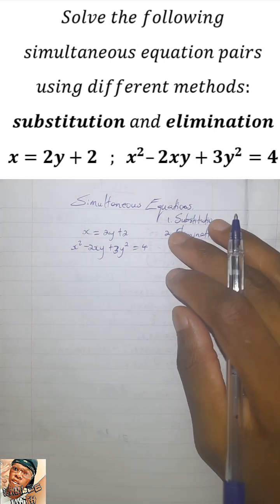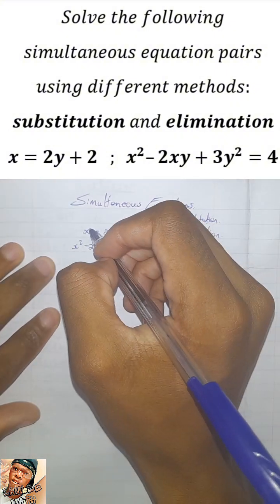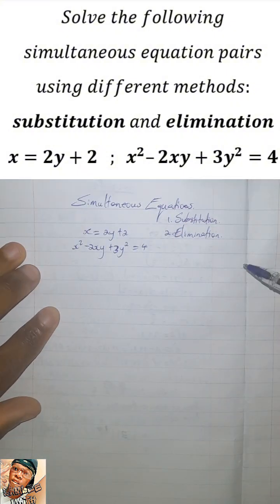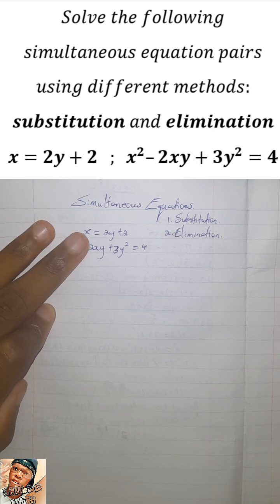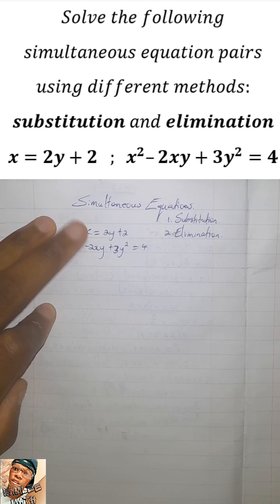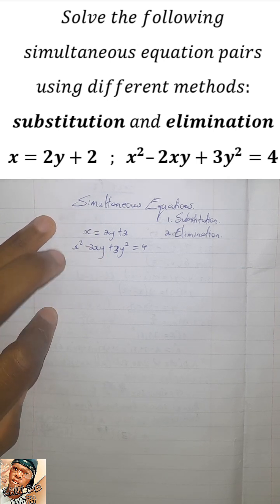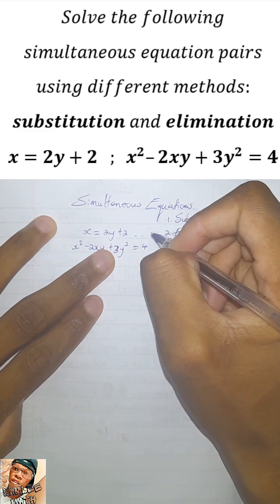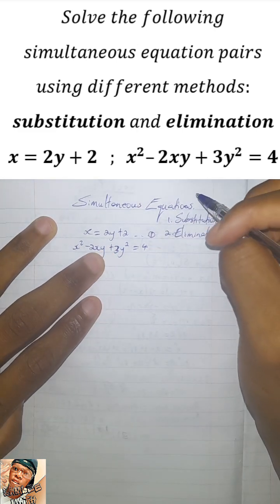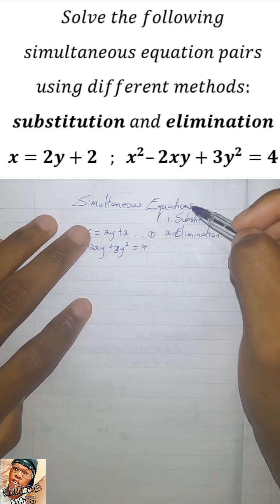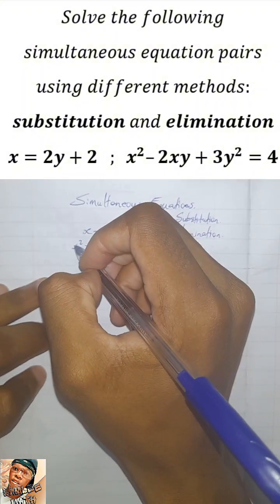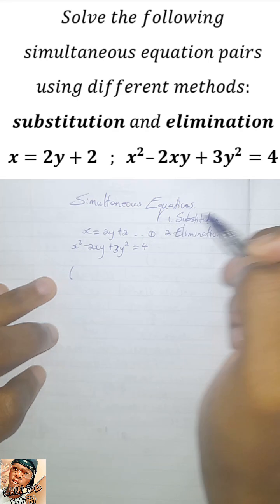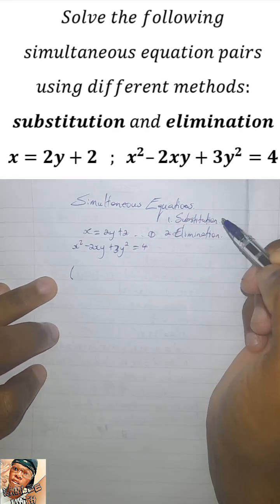With the substitution method, we're just going to take the equation in which we have written x as the subject of the formula, or y as the subject of the formula, and substitute it into the second equation. For example, in the first equation we already have x as the subject, so wherever we see x, we put 2y plus 2.